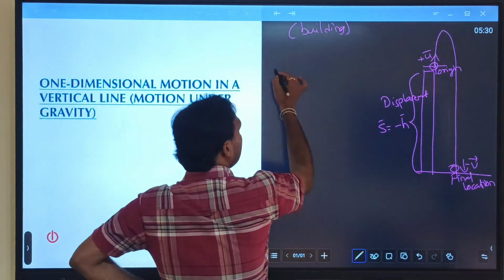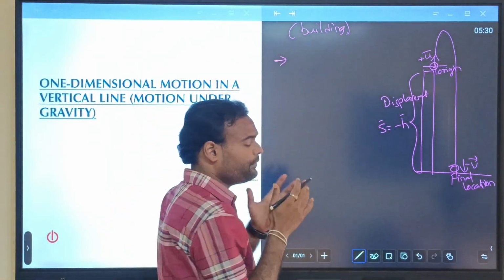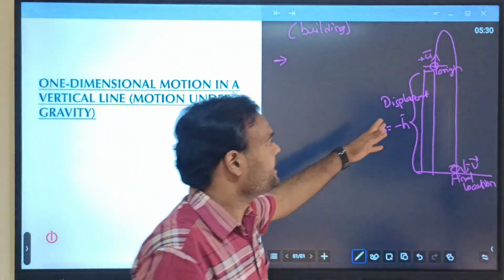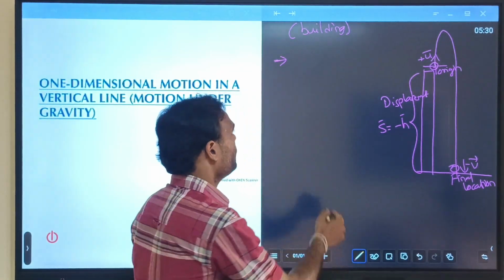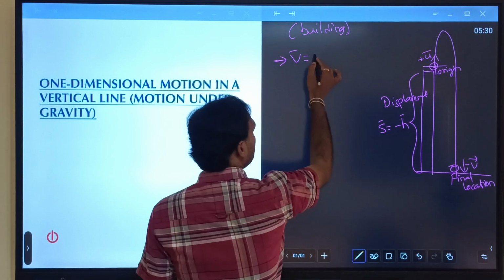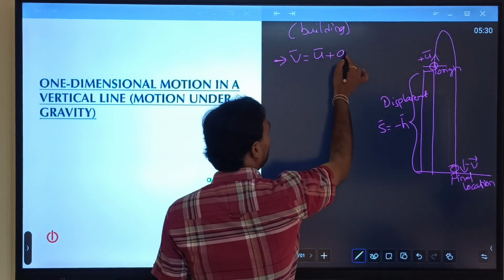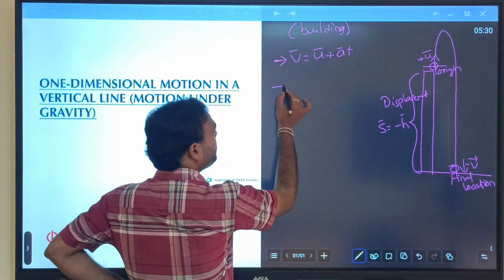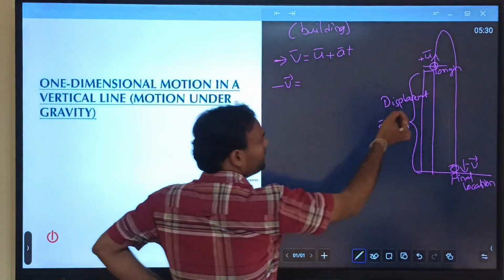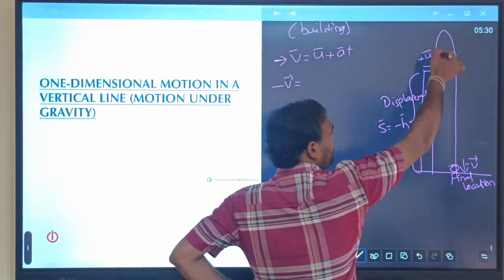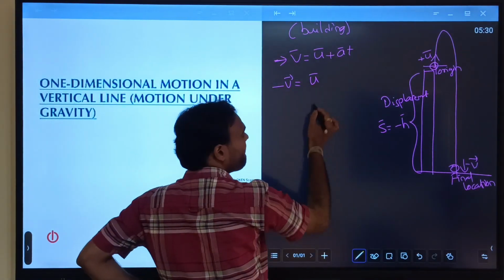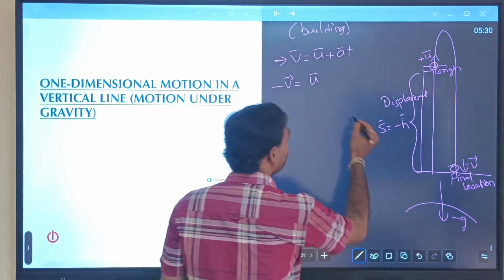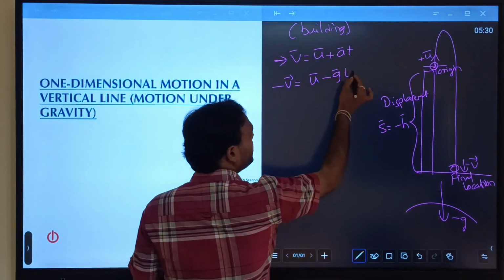Now we will see how the uniformly accelerated motion equations will change according to this situation. Clear? Now the first one is v equals u plus at. Here the v value will be minus v, the initial velocity is in the upward direction, so u, and acceleration due to gravity is always towards the center of the earth, which is minus gt.